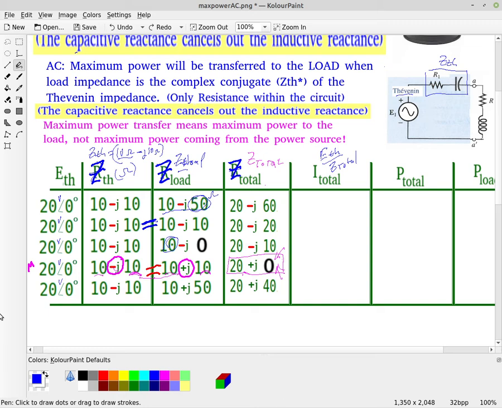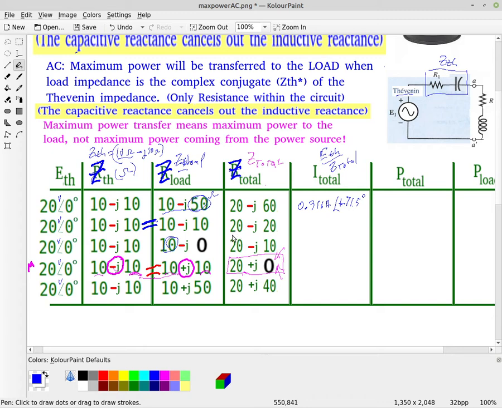And so if we calculate that, that's going to give me a current of 0.316 amperes with an angle of plus, okay, so remember this is a minus J here, or a negative 90 degree piece, and we're dividing by that, so that's going to give me a positive angle of 71.5 degrees.